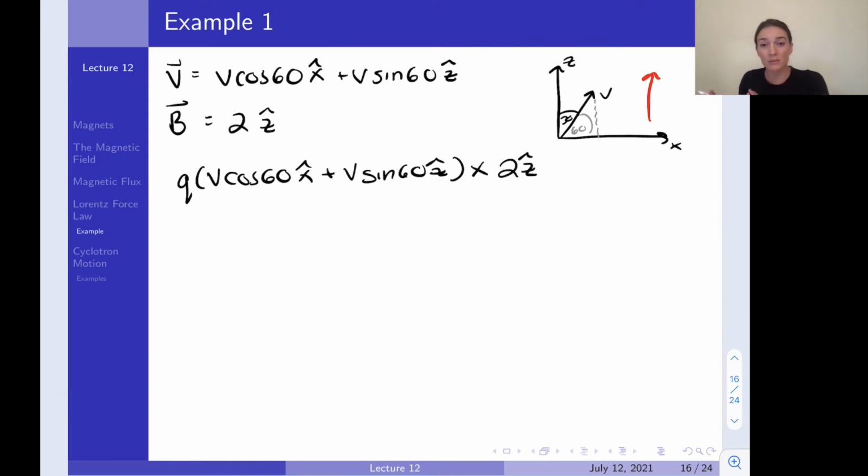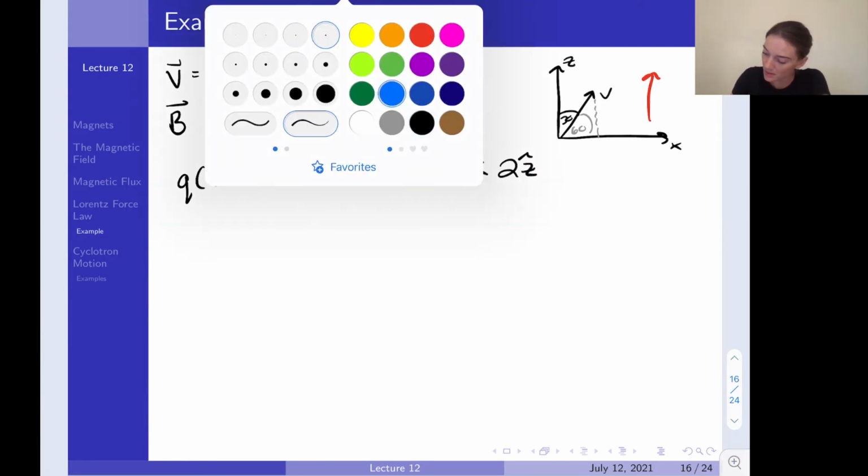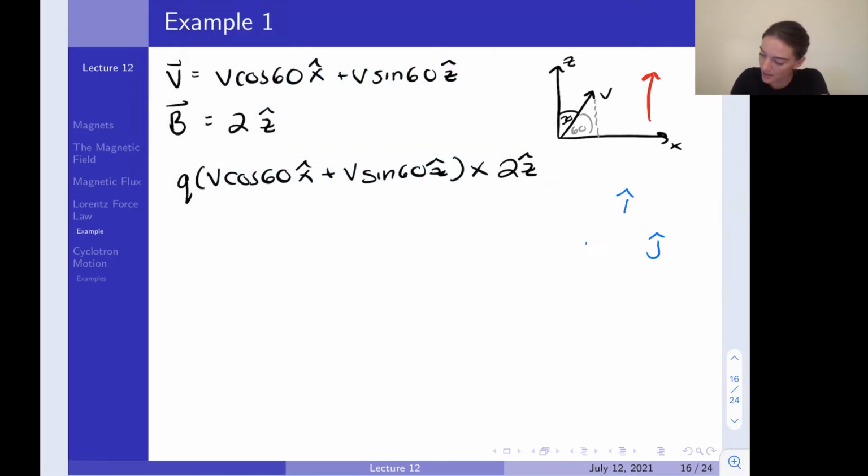And now we can make this a little bit easier, because if we look at it in components, we have an x hat crossed into a z hat. So if we look at our little i hat, j hat, k hat circle here, x hat crossed into z hat, we go backwards, so that gives us a negative j hat.